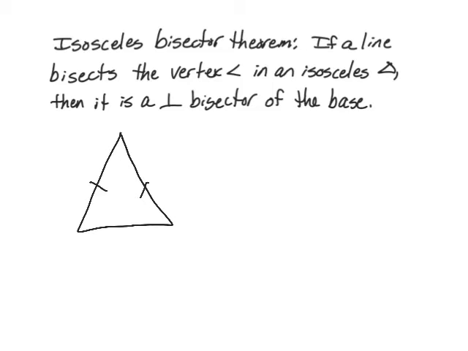We can label this A, B, C. If I draw in line segment BD, if it bisects the vertex angle, then it's perpendicular to the base, and it also bisects the base.